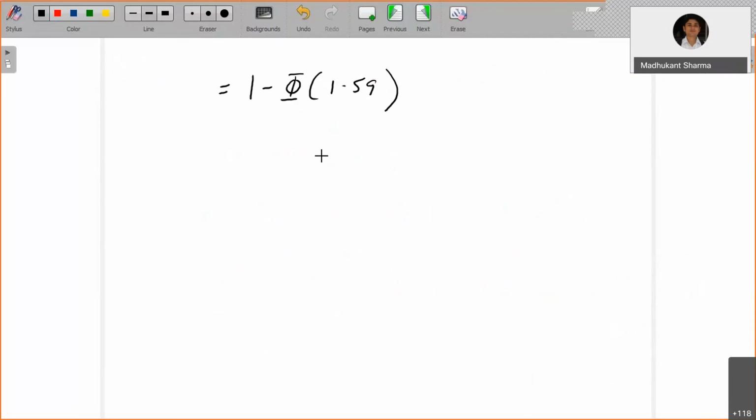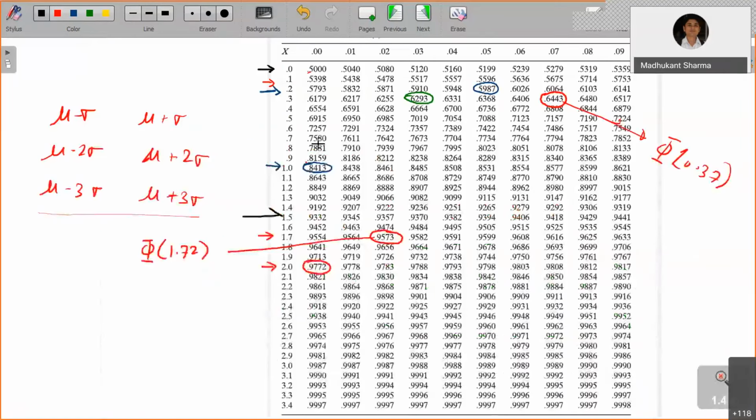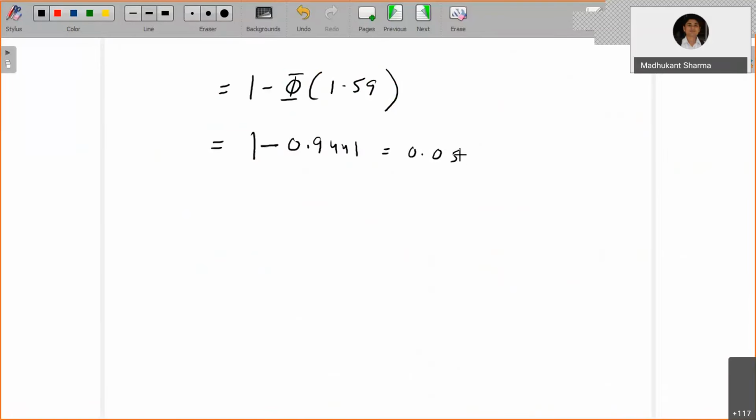Now use the standard normal table to replace this value. For 1.59, 1.5 is here and 9 is this, so 0.9441 will be the value. So 1 minus 0.9441 is approximately 0.0559.